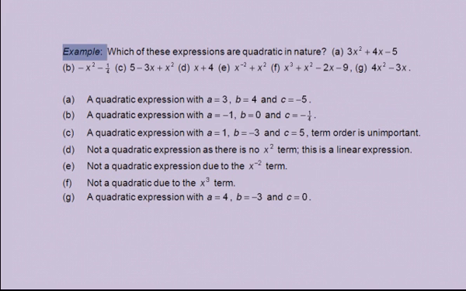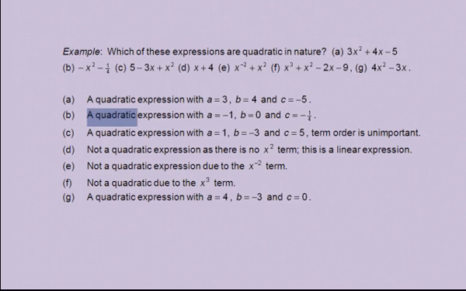Let's do some examples. Which of these expressions are quadratic in nature? A. 3x squared plus 4x minus 5. This is a quadratic expression with a equals 3, b equals 4 and c equals minus 5. B. Minus x squared minus a quarter.